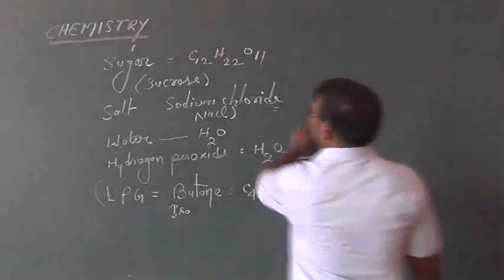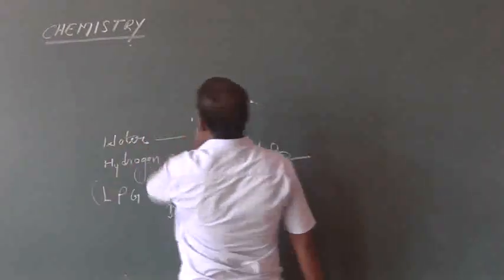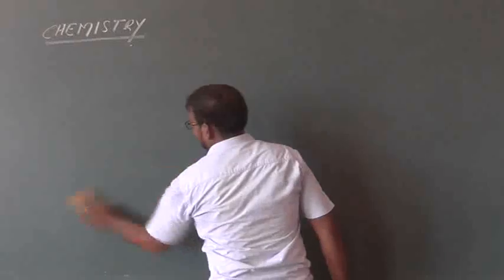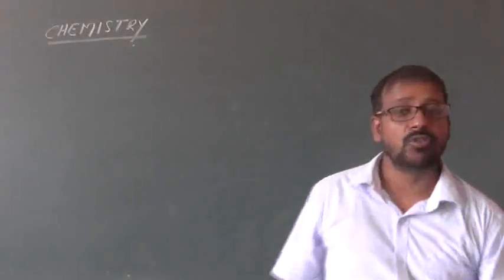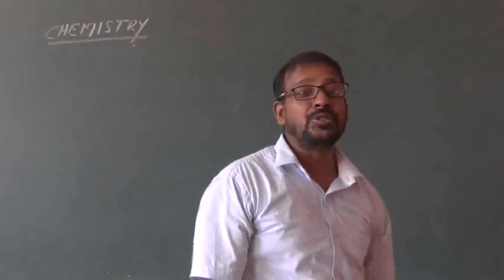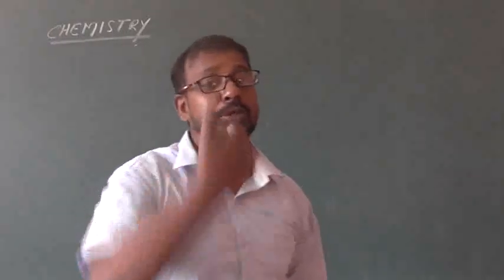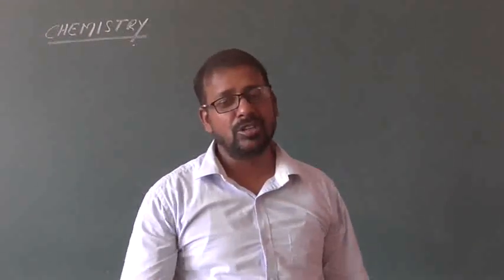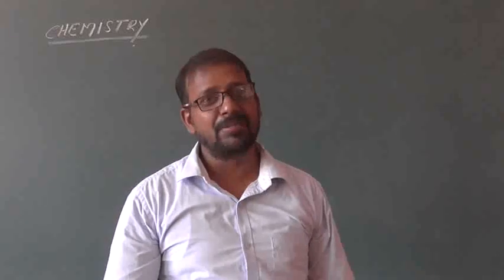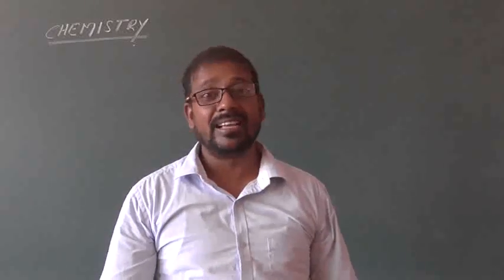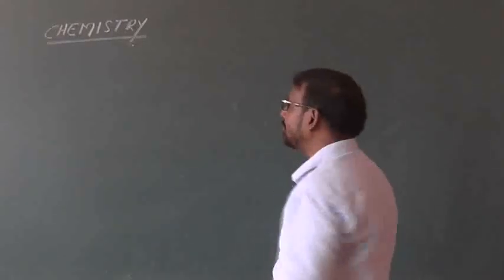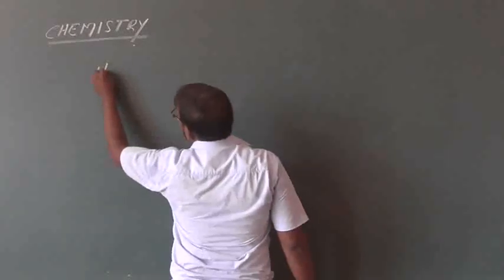Now, one more thing, a few acids I am going to discuss. Which acid is produced in your stomach? We have discussed it in biology. The name of the acid? Hydrochloric acid.